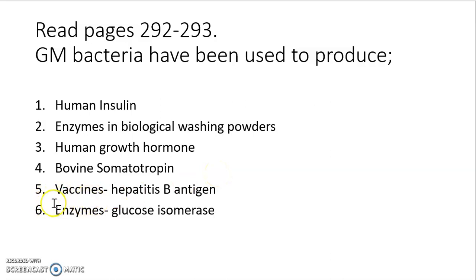Then revisit what you know about vaccination programs, and remember that when you do a vaccination, you are going to deliberately insert an attenuated form of a bacteria or a virus into the bloodstream. Rather than use the whole organism, you can inject an antigen into that person. The person then is going to raise an immune response. They're going to produce specific antibodies against a particular antigen. So as you're making notes on all of these 6 examples of genetically modified bacteria, make sure that you're connecting it with previous related work that you've done.